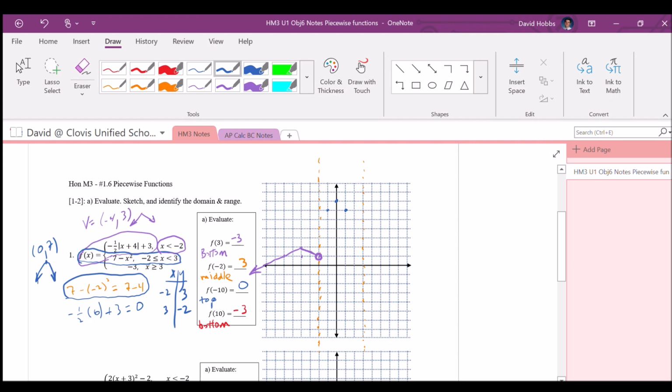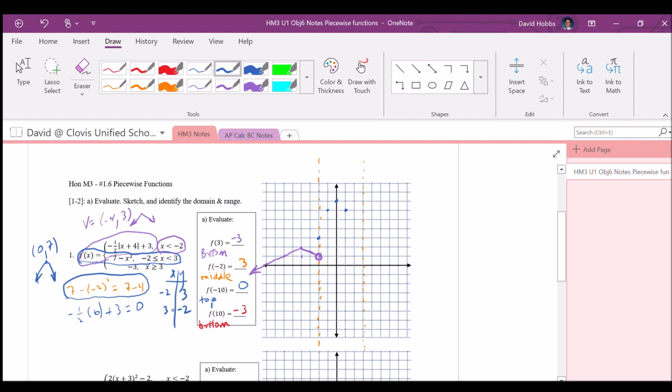Okay, now, can I touch at x equals -2? Well, it says greater than or equal to, x is greater than or equal to -2. Read from the center out. So that one's solid. So -2, 3 is a solid point.